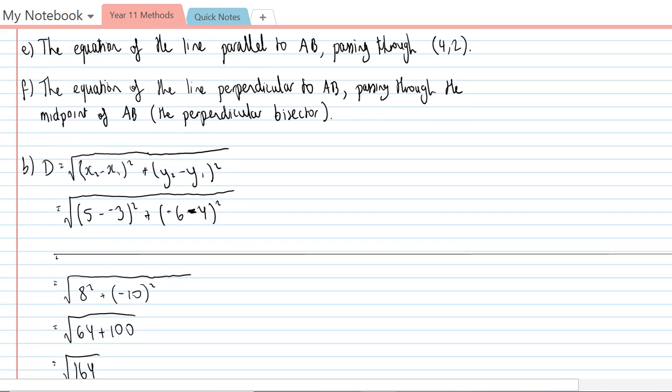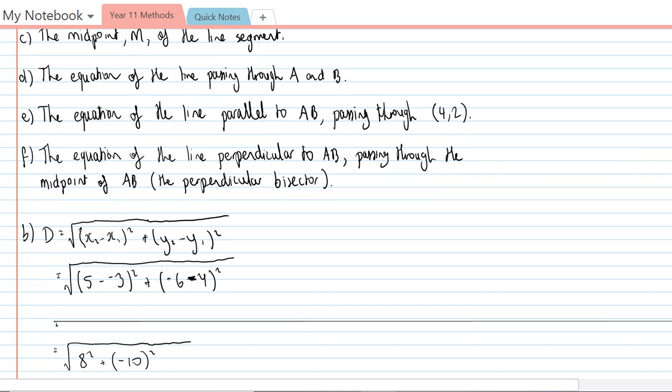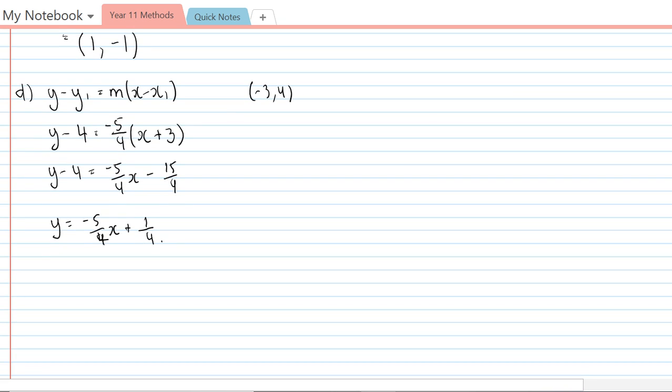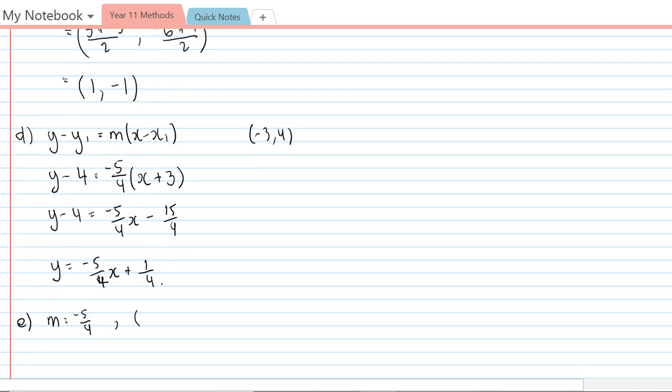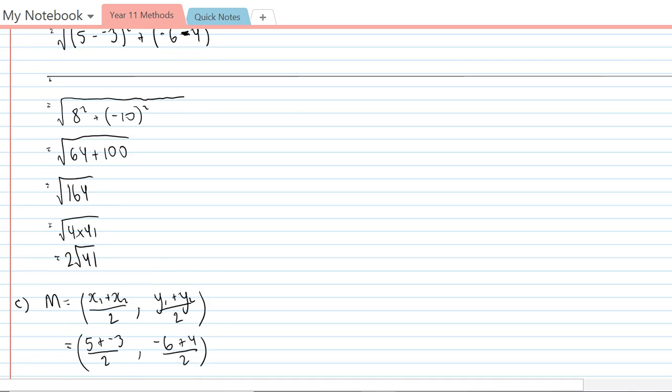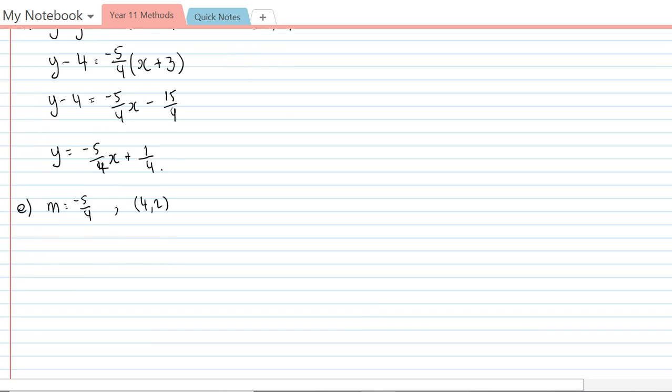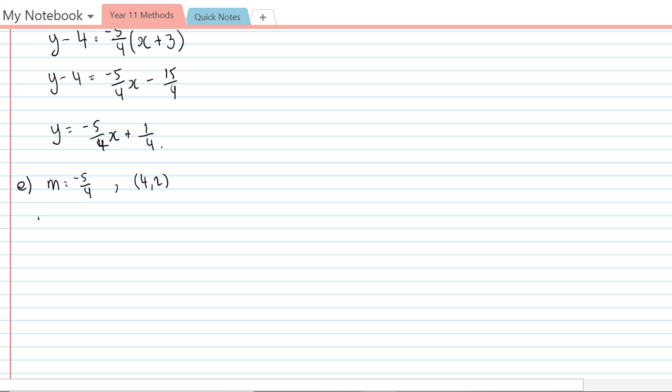Part E, I need to find the equation of the line parallel to that, but passing through point 4, 2. So this time it has the same gradient. M is still -5 on 4, but this time it's passing through the point 4, 2. So we go through exactly the same process. Y minus y1 equals m, x take x1.